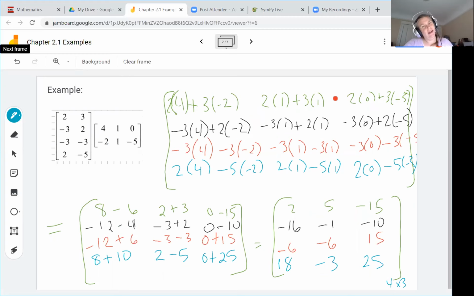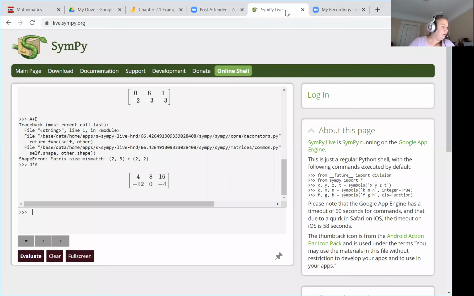So that took me a while. So we are going to definitely save time with matrix multiplication by multiplying in SymPy here. So let's head over there, and we're going to enter matrices A and B, as I call them.